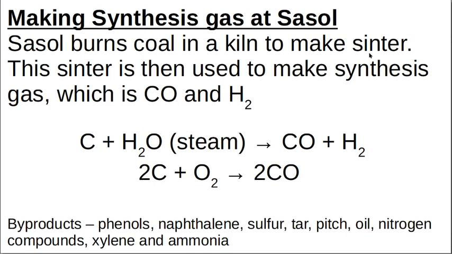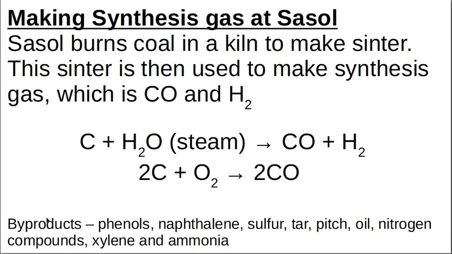So you burn coal in a kiln to make sinter, and then this special sinter, this carbon over here, is used to make the synthesis gas. So the sinter plus the steam goes to carbon monoxide and hydrogen. Okay, and then some of the carbon might also mix with oxygen to form carbon monoxide. They do this in special conditions so that you don't end up with carbon dioxide or combustion or whatever.